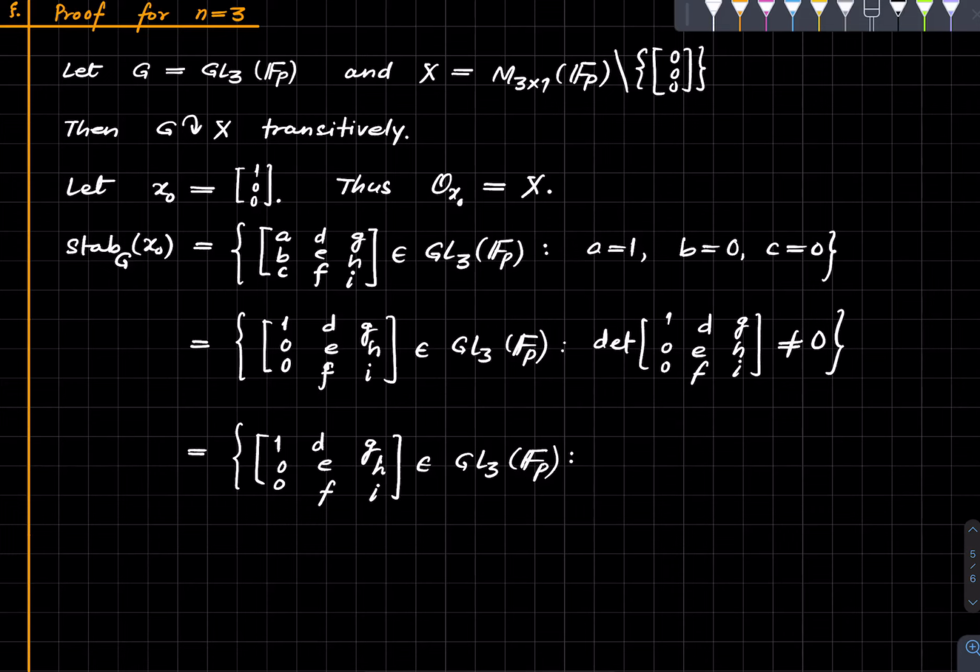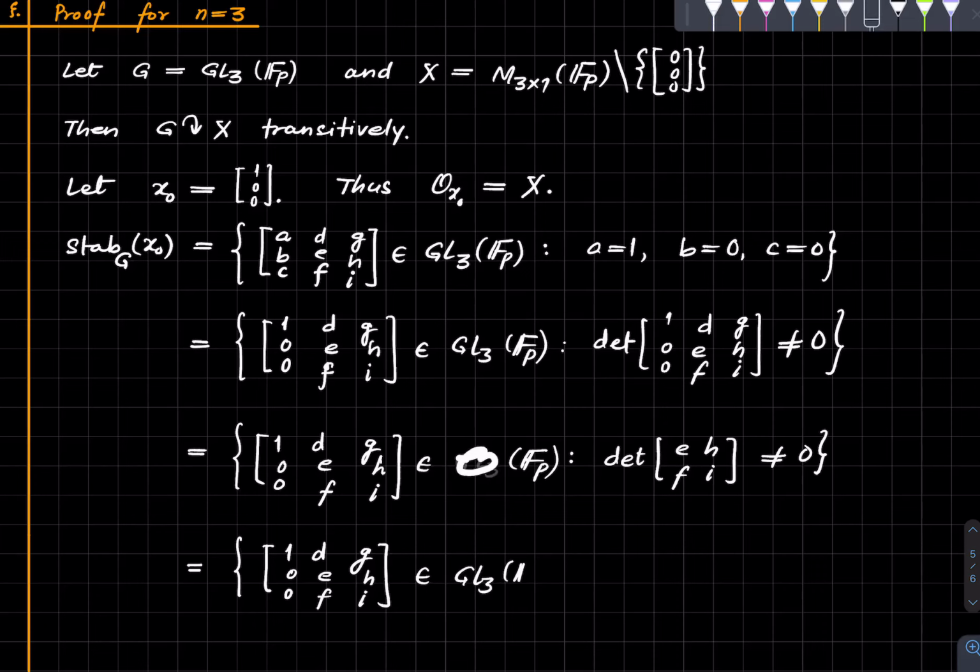What is the determinant of this matrix? It is the same as the determinant of E H F I, because all of those other parts will go to 0. So this determinant must be non-zero.